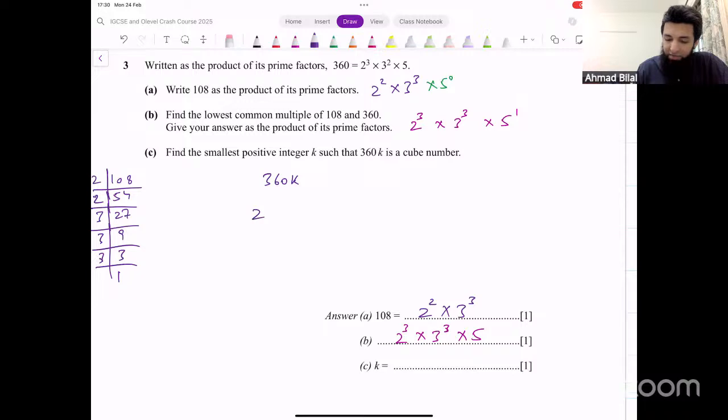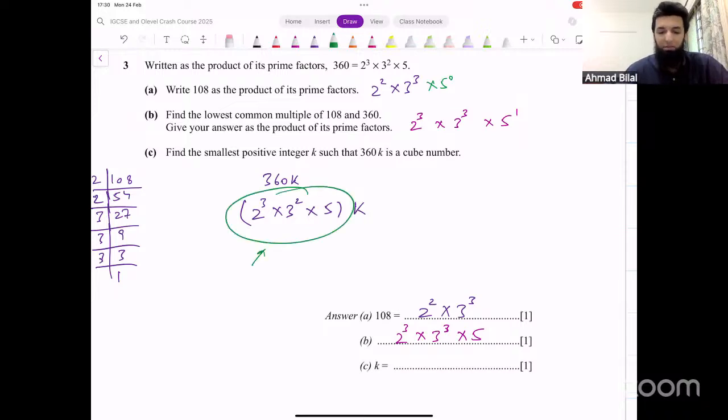So we can write this as 2 power 3 times 3 power 2 times 5. We have to multiply it by some number k such that this thing becomes a cube number. That means each prime factor should end up getting a power of 3.